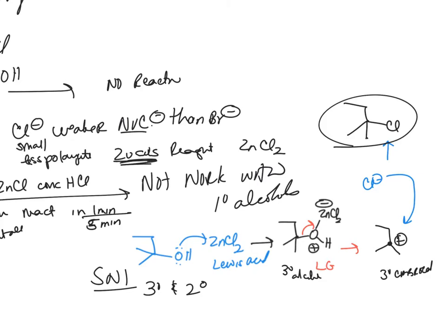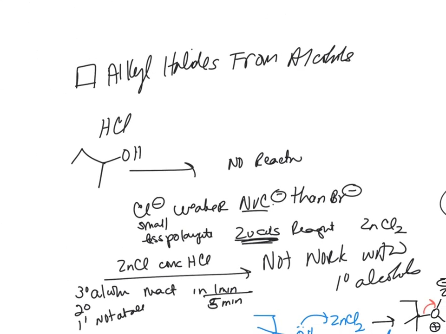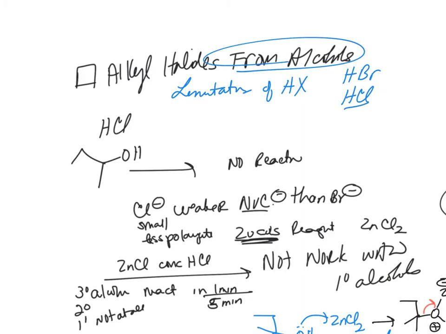Now, limitations of the HX reaction. So these are limitations of HX. So that means HBr and HCl to make alkyl halides. You get poor yields.